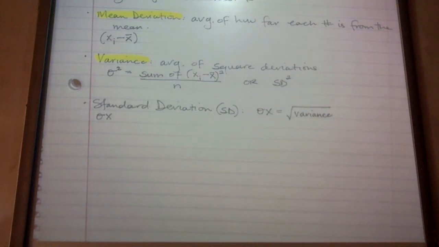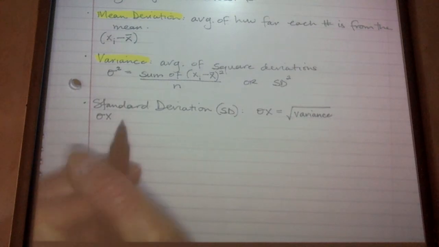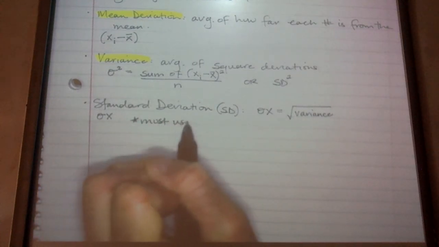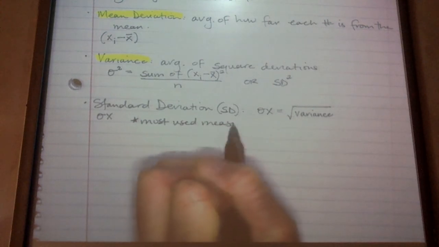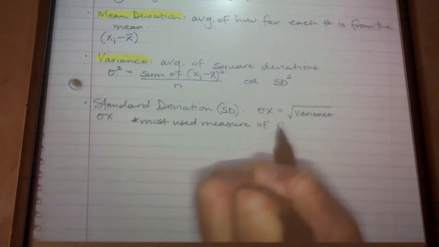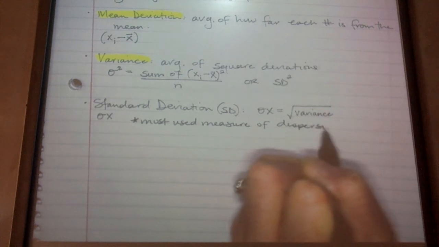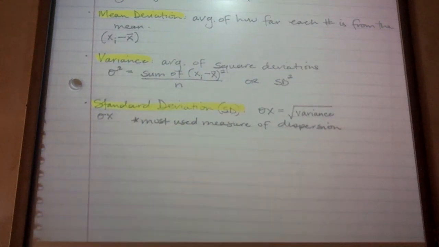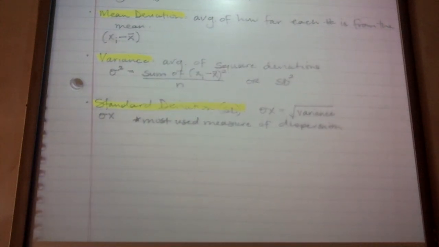So standard deviation is the most used measure of dispersion. Okay. They use this in the mean the most often. Range and variance isn't used as much at all.